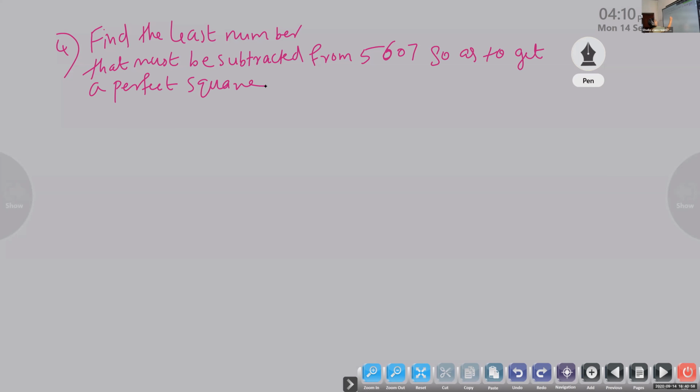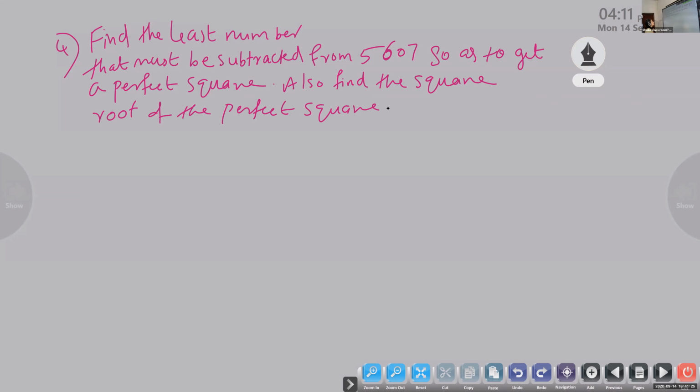Also find the square root of the perfect square.